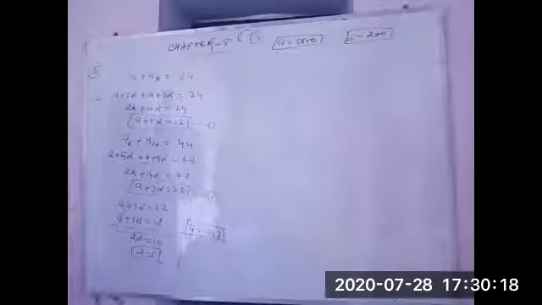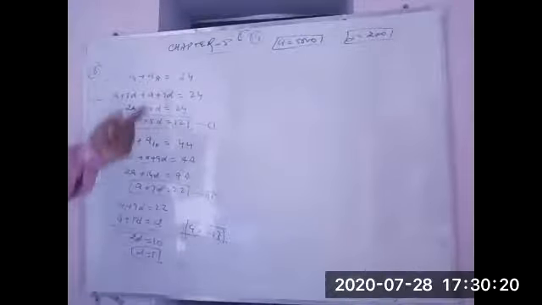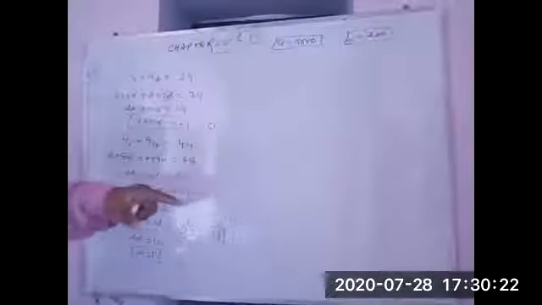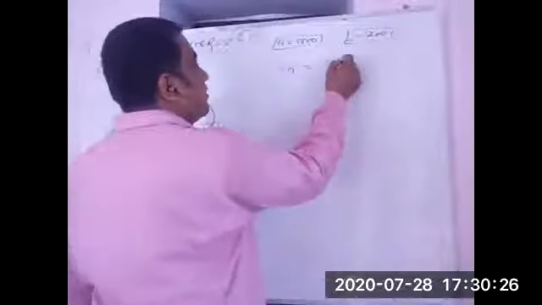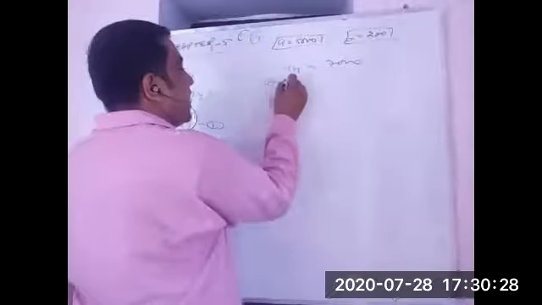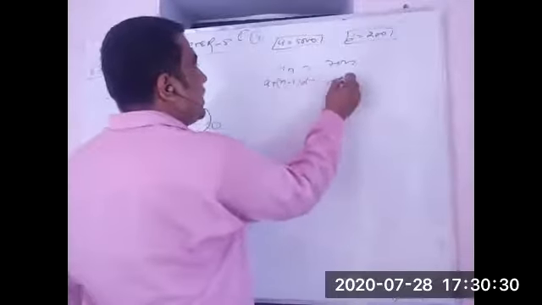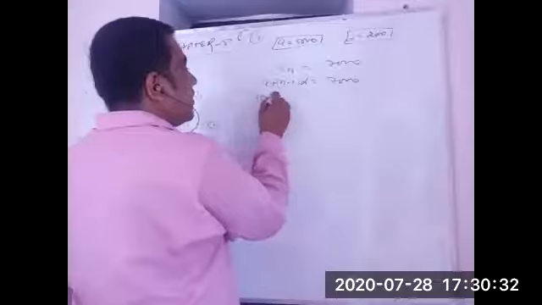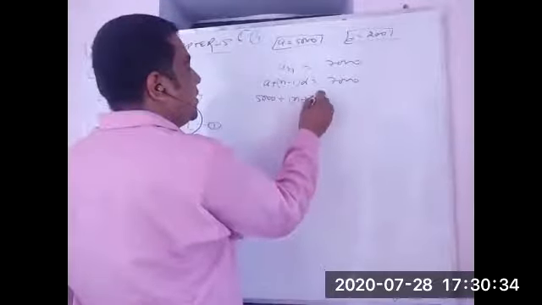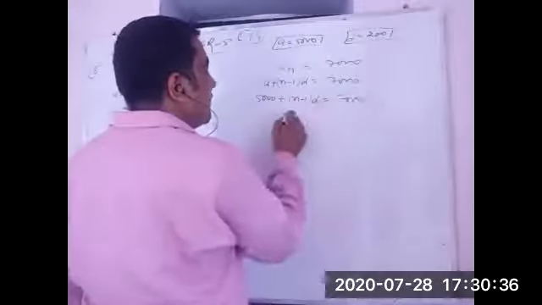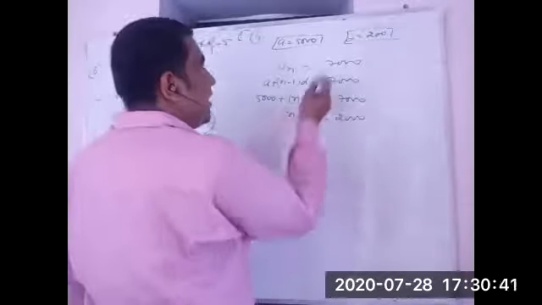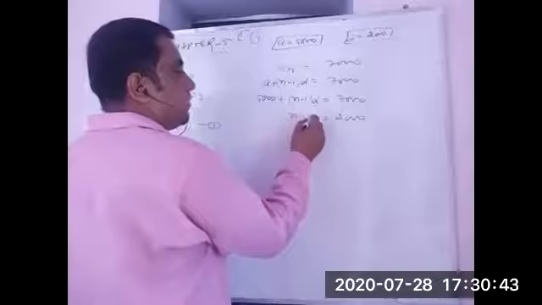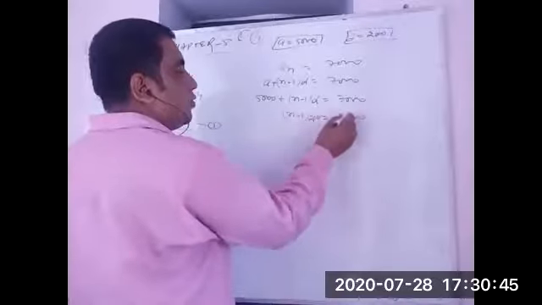And they ask when Subha Rao's salary will be 7,000. Means I can take an equal to 7,000. a plus (n minus 1)d equal to 7,000. 5,000 plus (n minus 1)d equal to 7,000. (n minus 1)d equal to 2,000. And the d value is given as 200. So n minus 1 is 10.